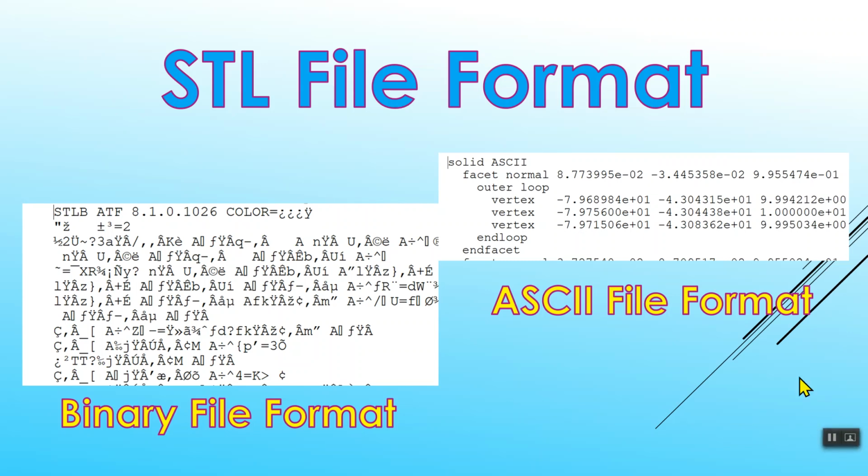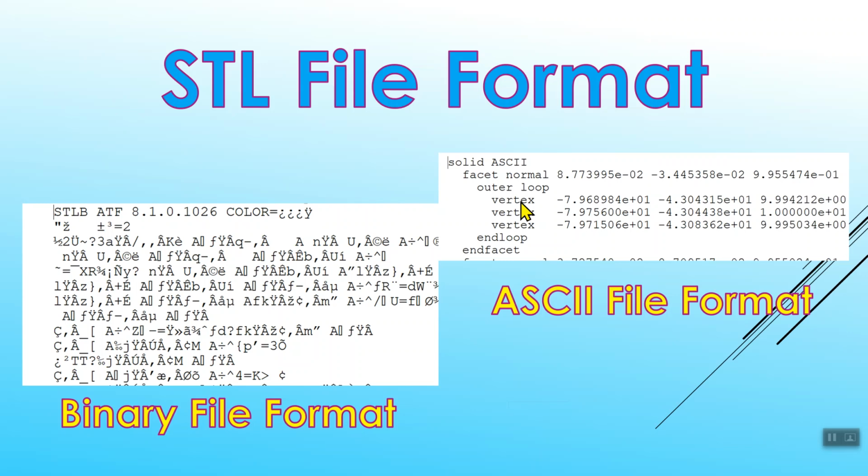In an ASCII file, as we discussed earlier, it consists of the vertex information, or point information, the x coordinate, y coordinate, and z coordinate of point 1, point 2, and point 3, and this is the facet normal information.